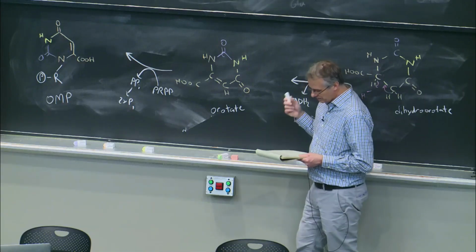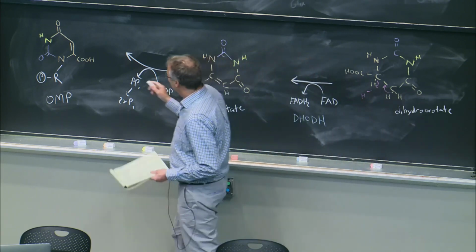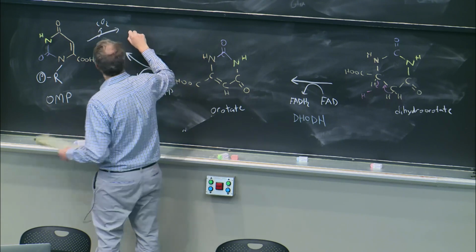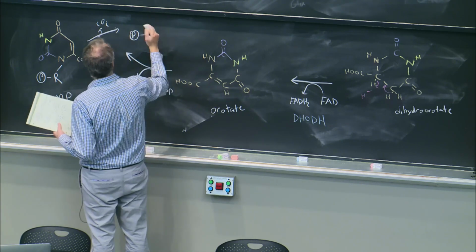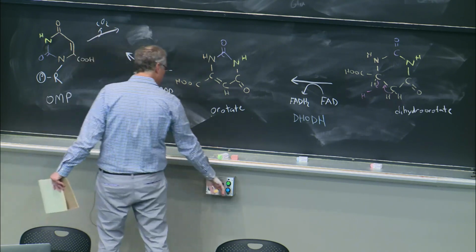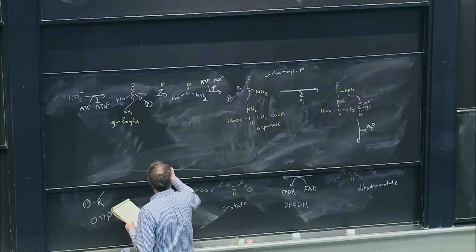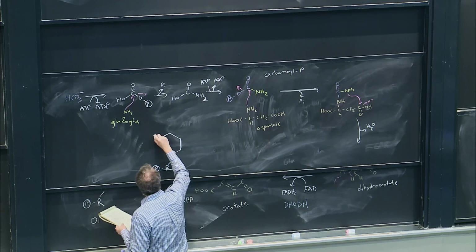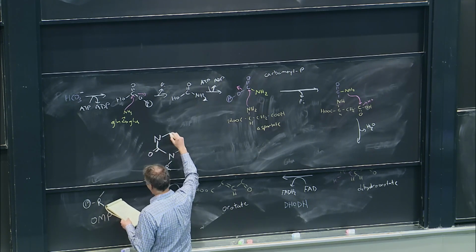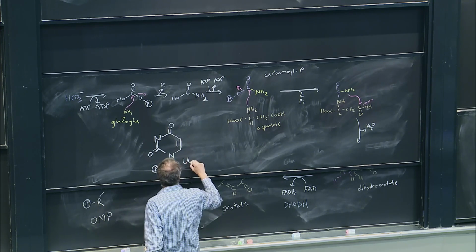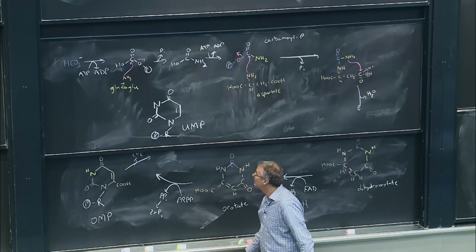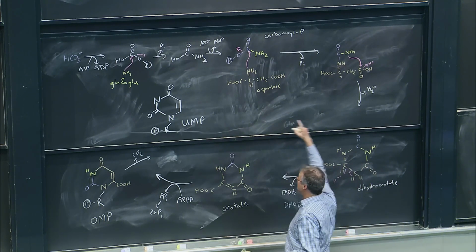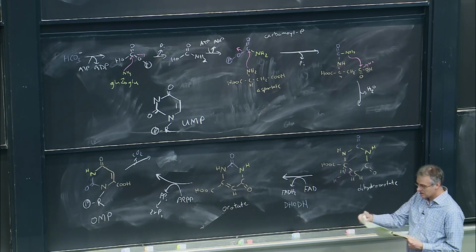Orotate monophosphate, which is the starting pyrimidine, and simply decarboxylating orotate monophosphate will give us the pyrimidine uridine monophosphate, or UMP. Okay? And so UMP generated in that way.